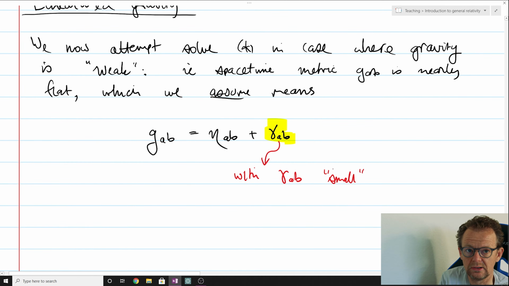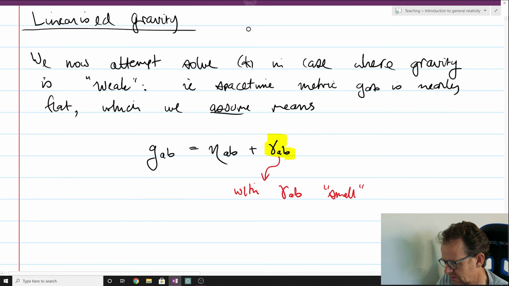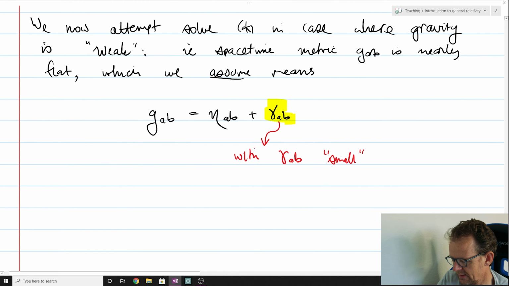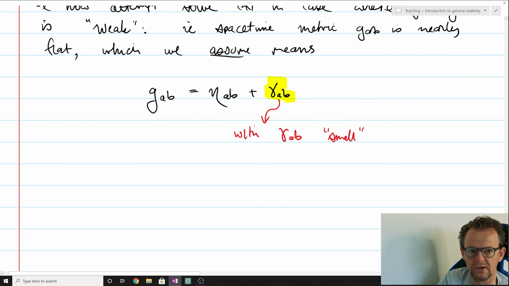Now, in this coordinate-free notation that we've adopted here to describe the space-time metric G, smallness or bigness has no meaning yet. You have to say small with respect to something, and actually it's a bit tricky to define this notion in a coordinate-free way, and we're not going to define it in a coordinate-free way.